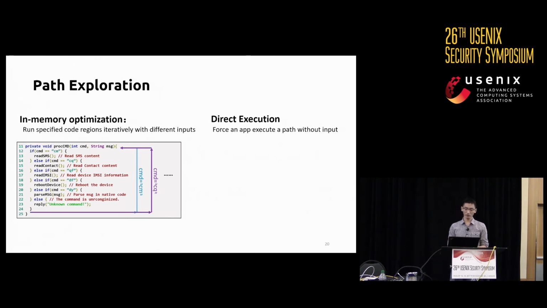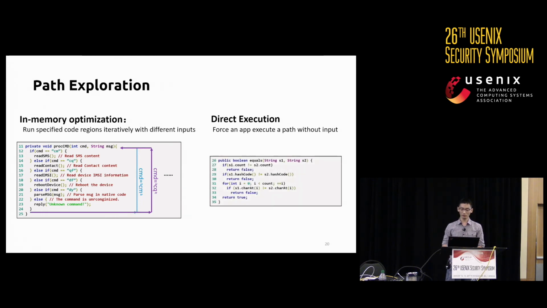In addition, sometimes the constraints are too complex to generate new input for exploring new execution paths. So Malton can also use direct execution to force an app to execute a special execution path without input. For example, the constraint generated in this code region includes hash calculation, so we cannot resolve these constraints to generate new input.